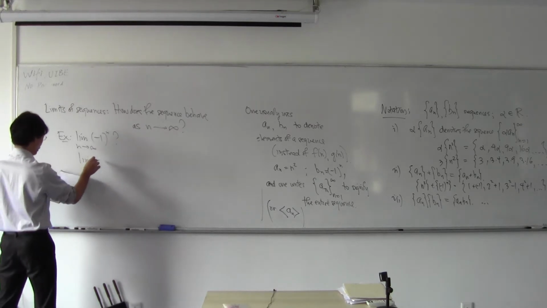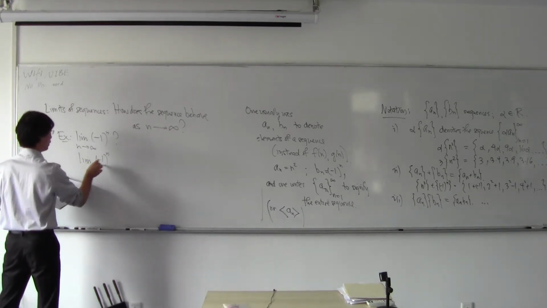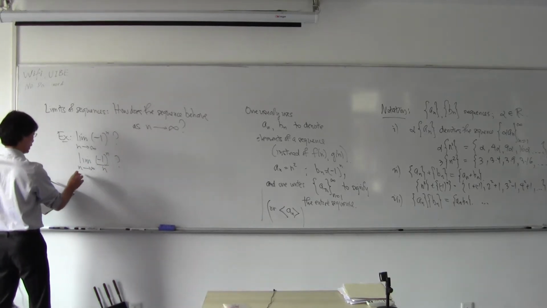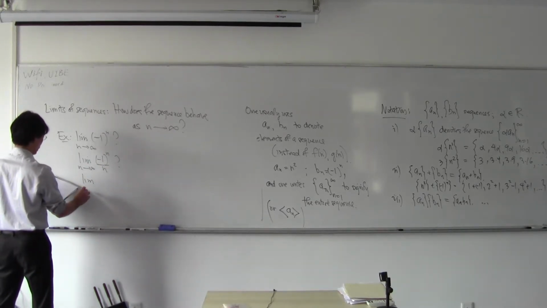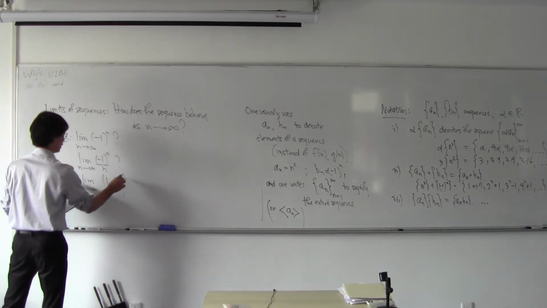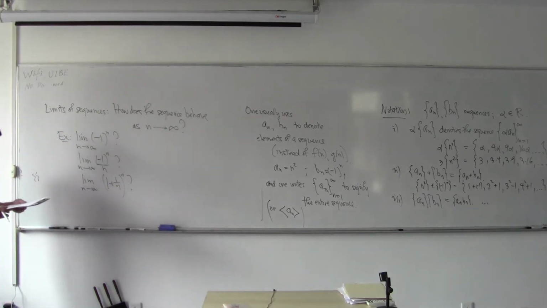The limit of -1 to the n over n as n goes to infinity. What happens to it? The limit as n goes to infinity of 1 plus 1 over n to the n. What happens to these guys?